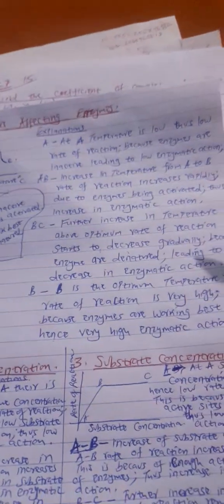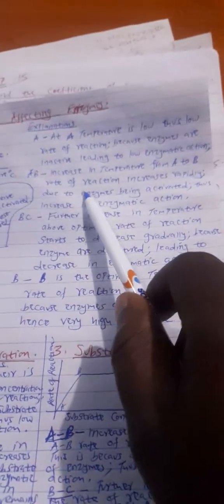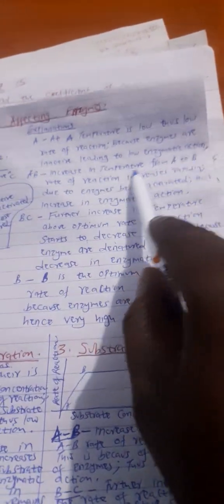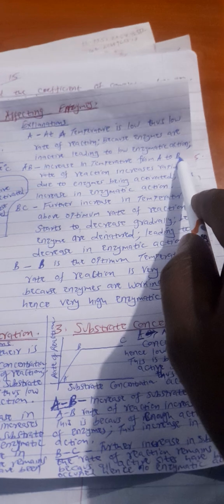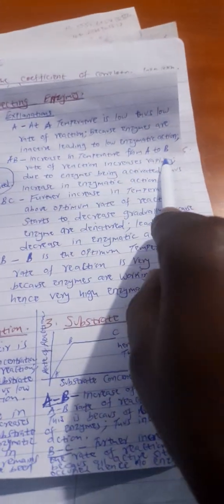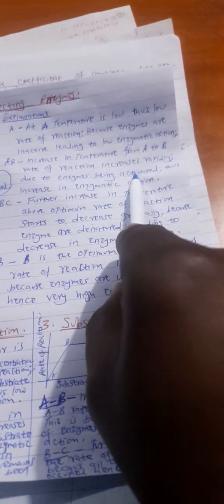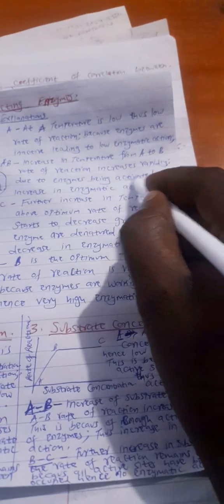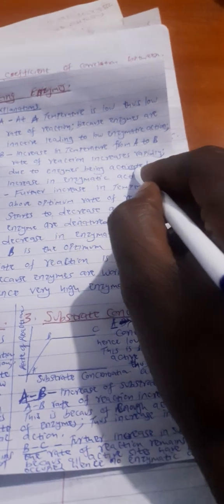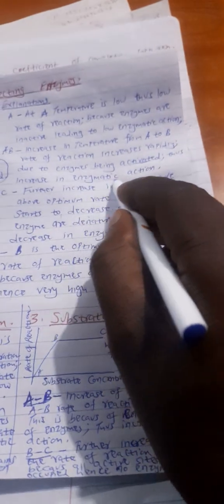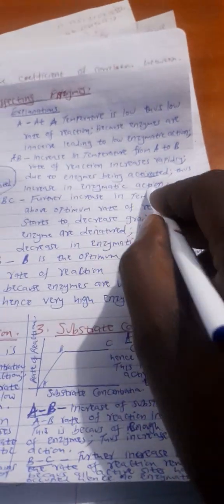So at this point, increase in temperature from A to B, the rate of reaction increases rapidly, because enzymes have been activated. Thus, increase in the enzymatic action. That is your end result of explanation.